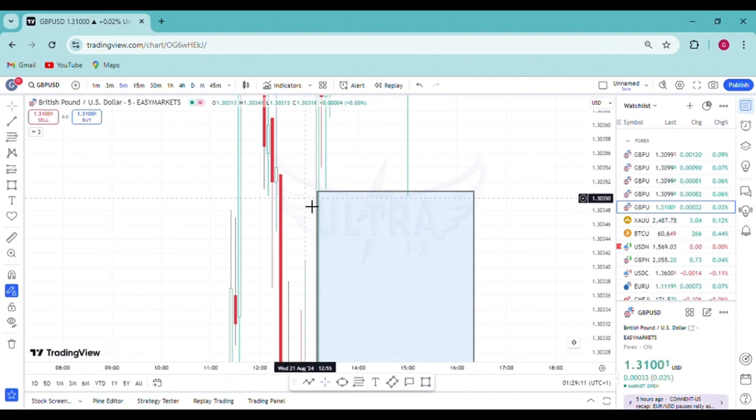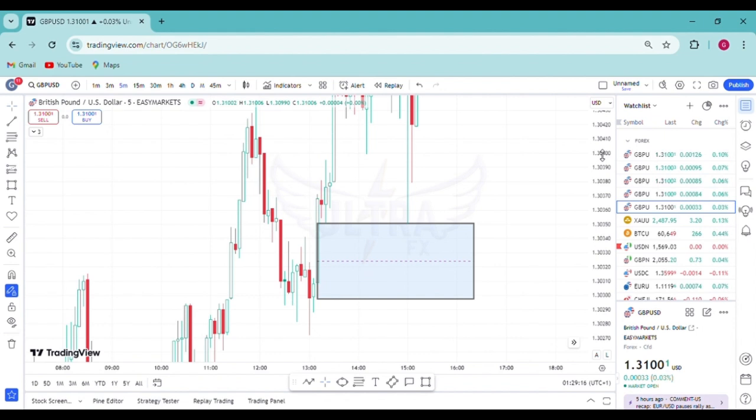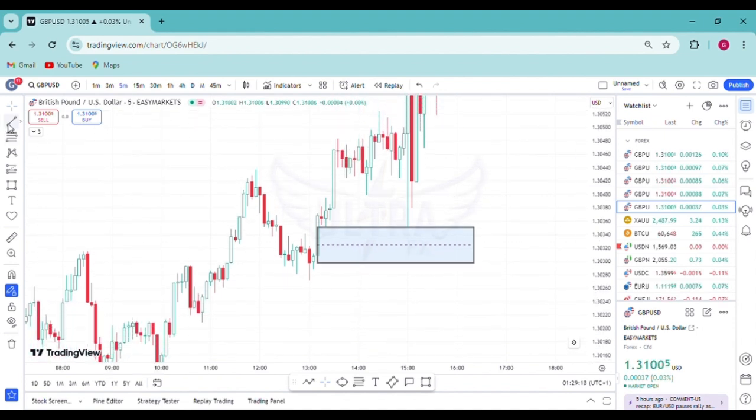Just a little tap of that wick, and prior to that tapping, you can see that there is the liquidity that has been taken out here. The liquidity that is taken out here, and you can see a breaker right here.